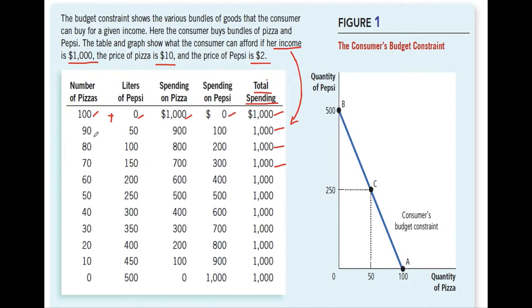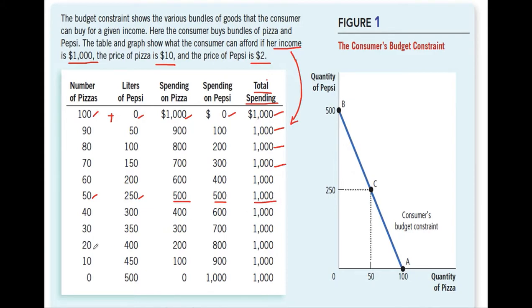This consumer can also choose another combination of these two goods. For example, 50 pizzas and 250 liters of Pepsi. The total amount will be $1,000.